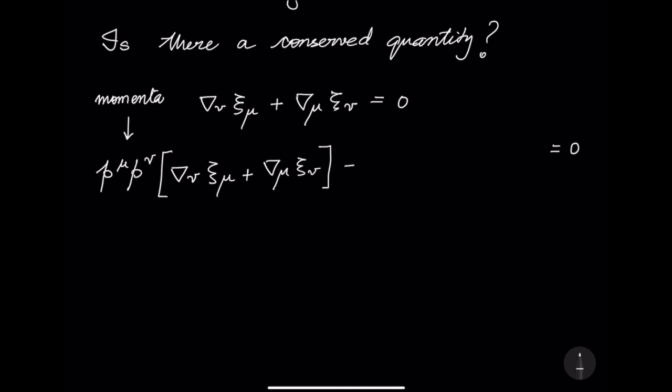But I want to add something to it. I want to add this term. You may say, how can you add something just like that? Well, if what I add is 0, then you will not complain. And I claim that this is 0. It's very simple to show that it is 0.